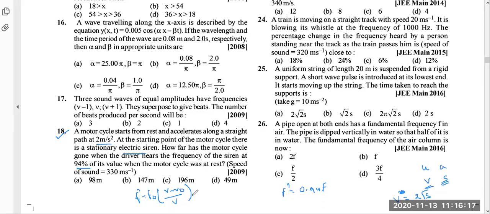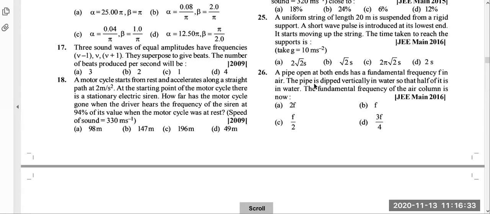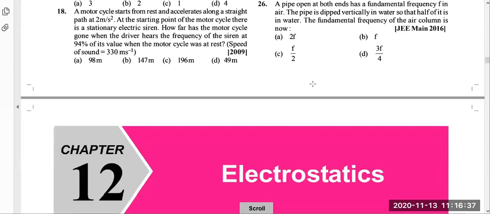Now, anyone have any doubt in question number 19? Have we discussed this? I'm remembering that some of the questions are already discussed.